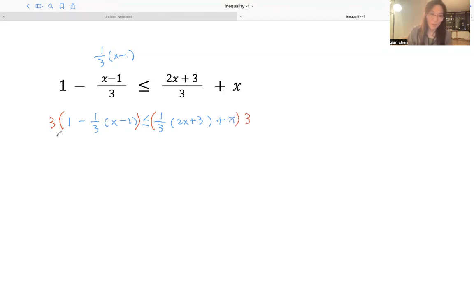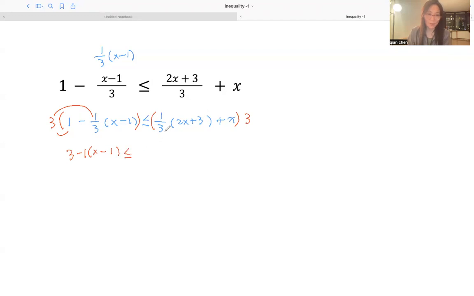So I multiply 3 with 1, I get 3. Then I multiply 3 with this. Well, 3 is positive, and positive times negative gives negative. 3 times 1/3 is 1, right? If I want to write 1 here, that's fine, but by convention I don't really need to write the 1 in front.